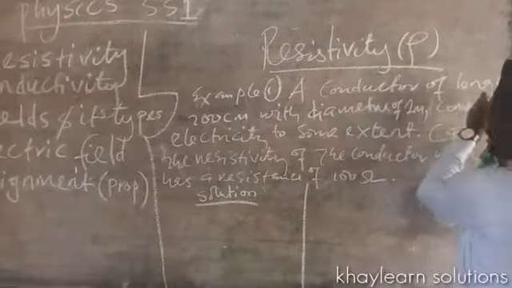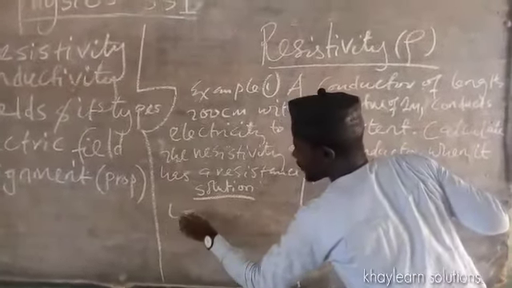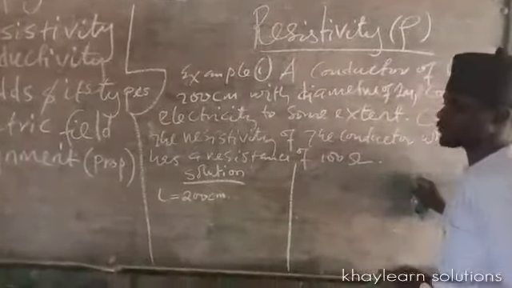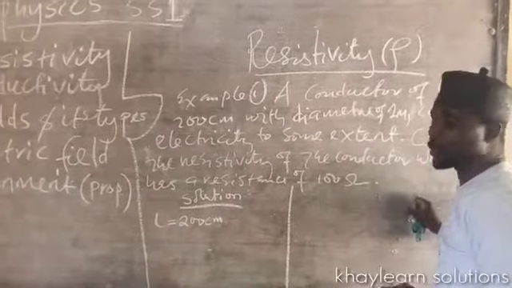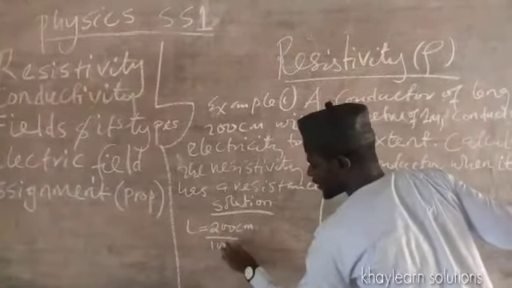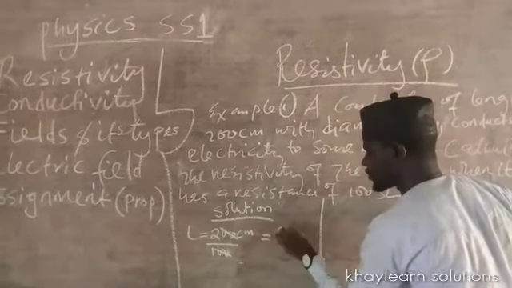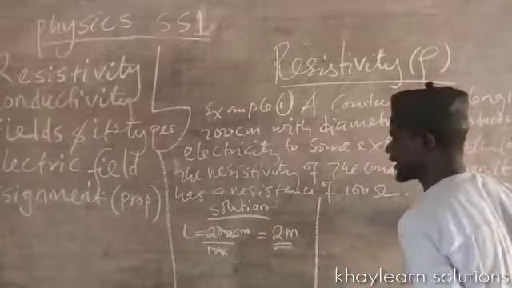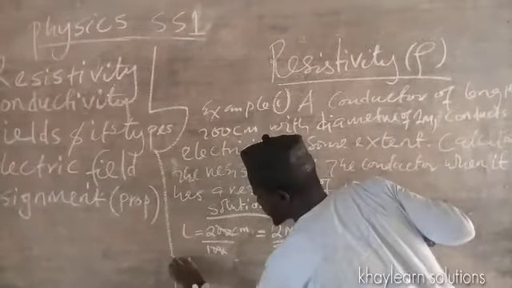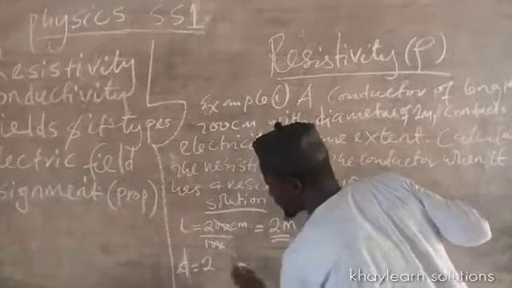A conductor of length 200 centimeters, that is L equals 200 centimeters. But mind you, I said we don't calculate in centimeters, we always calculate in meters. So whatever you have, divide by 100. When you divide this by 100, you are going to have only 2 meters. That is the length. With a diameter of 2 meters, that is D equals 2 meters.